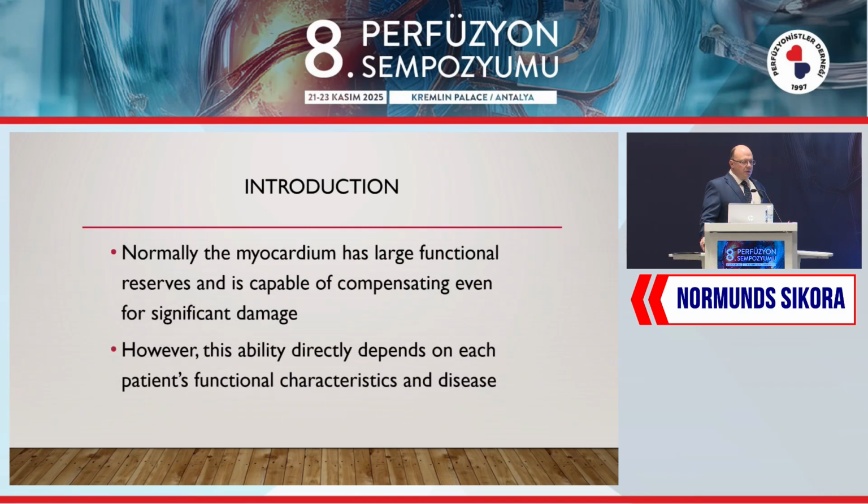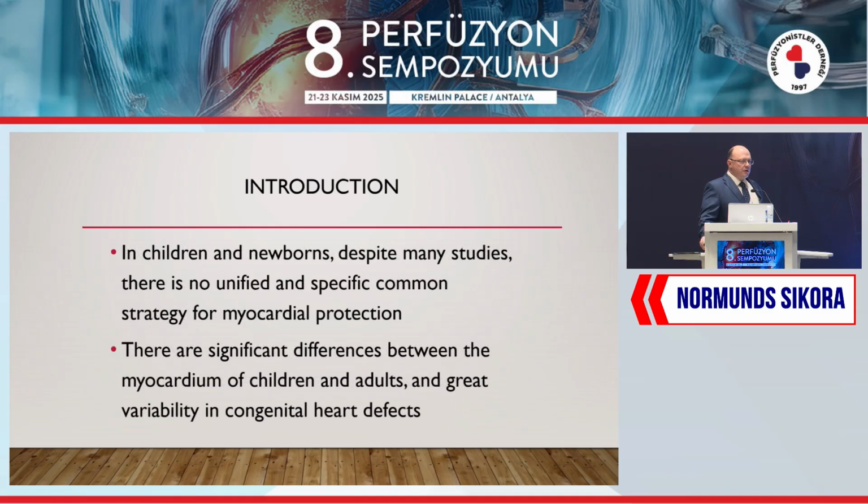Normally, the myocardium has very large functional reserves and is capable of compensating even very significant damage. But it is directly dependent on each patient's functional characteristics and also disease. And in children and newborns, despite many available researches, we still don't have a unified and specific common strategy for how to protect the myocardium.